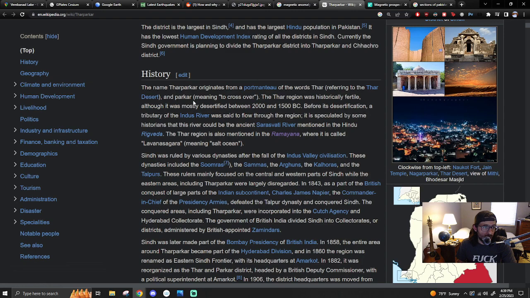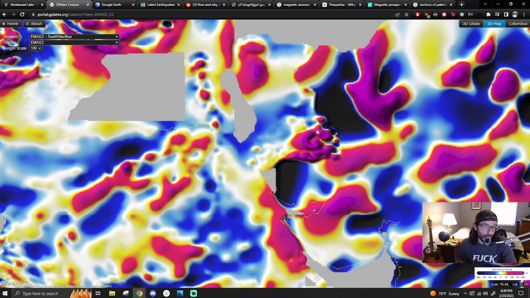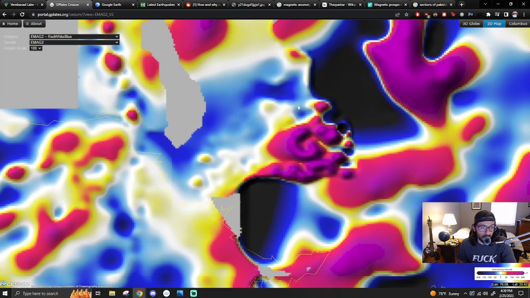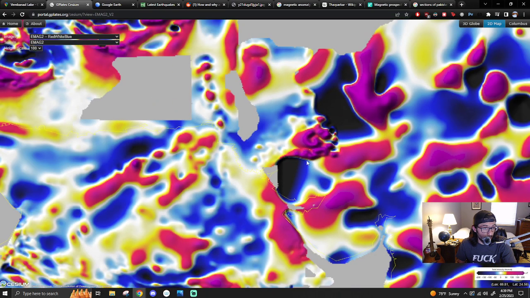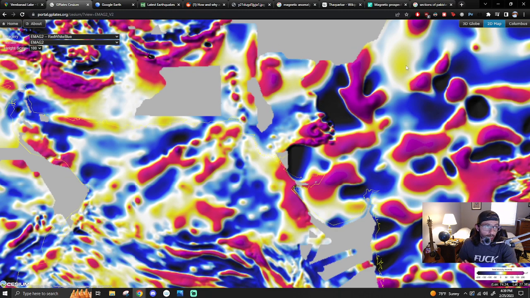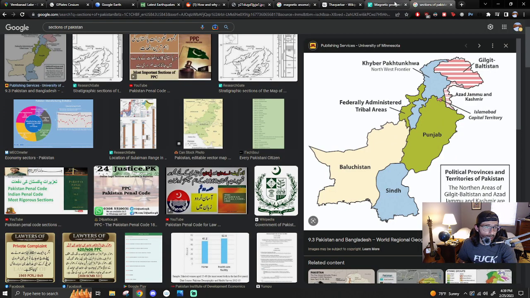Okay, and Parkar meaning to cross over. That's pretty interesting, that the mantle puncture hole location of crossover of this is Parkar in any way, that it has that type of meaning to it.